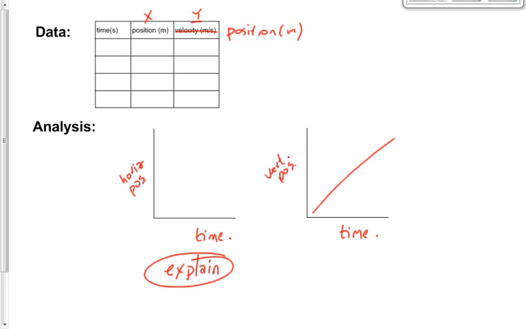What comes next? Your conclusion. And your conclusion is essentially what you just said, relating the graphs to the shapes of the graphs, that is, to the motion of this object, both horizontal and vertical position versus time. Okay? So in other words, the horizontal position versus time graph shows us that it is constant velocity, or the horizontal position versus time graph shows us that it's acceleration, it's speeding up, and it's slowing down, or whatever the case may be.